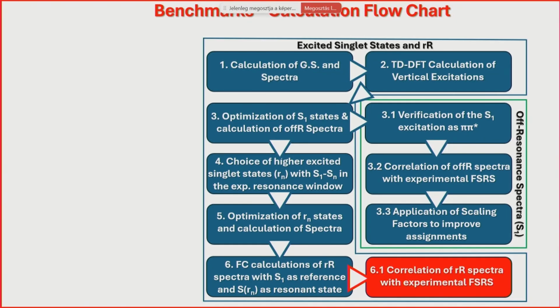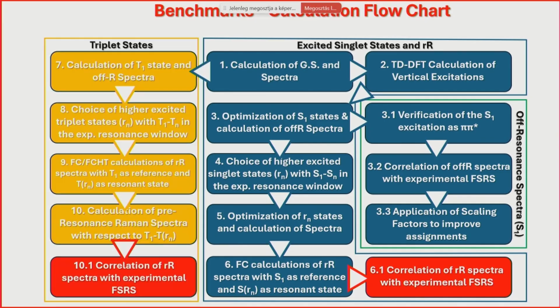Of course, since lumiflavin crosses over to the triplet state, you can repeat all this for the triplet, but with the addition of also calculating pre-resonance Raman spectra. As we saw, the experimental triplet transition is a little bit more moved from the Raman pump in that case.